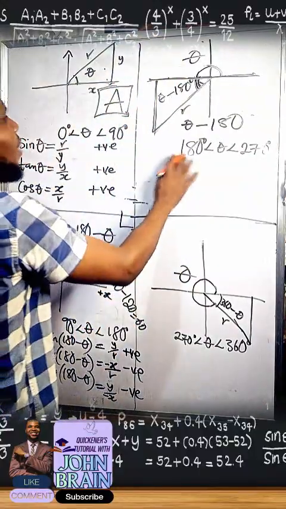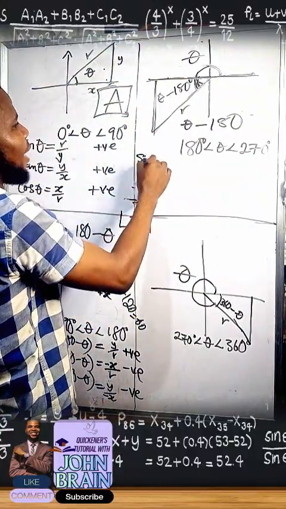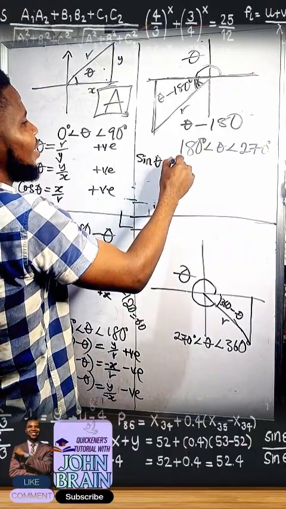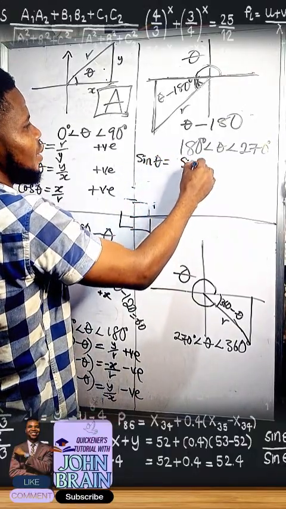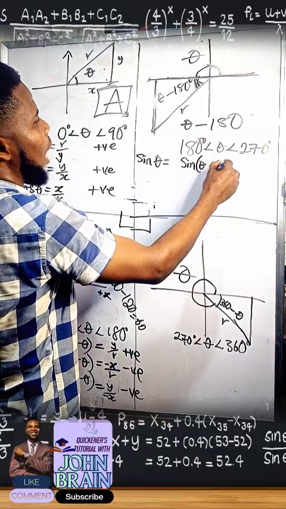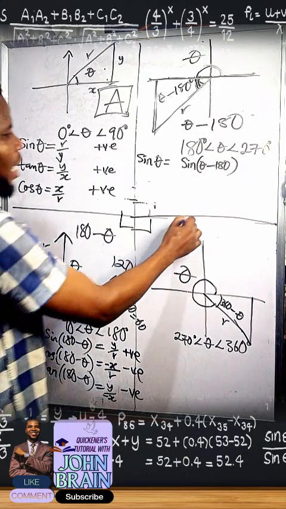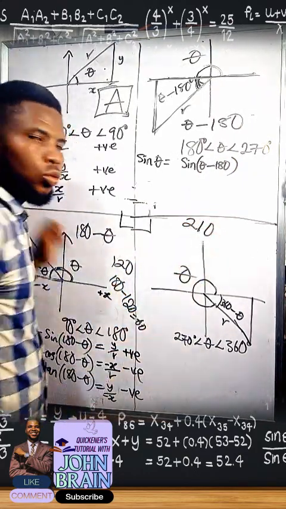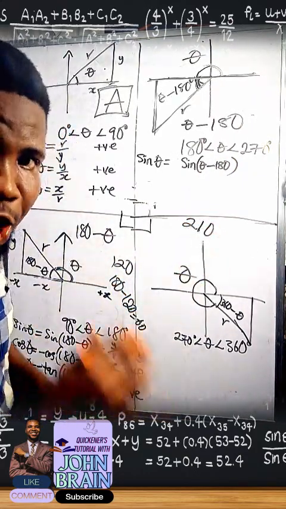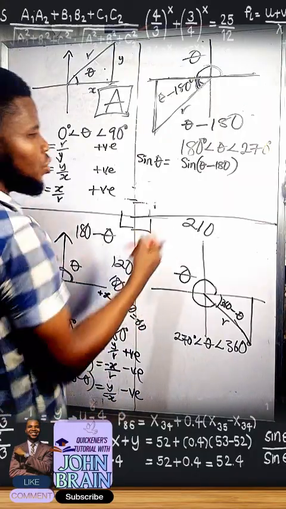Okay? So we say therefore, for sin, we say sin of theta minus 180 degrees. Alright? Let me give you an example. If you have sin 210, 210 is an angle at the third quadrant. How do you derive this angle?